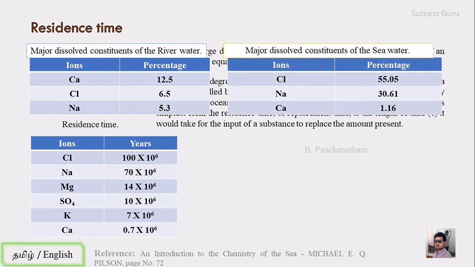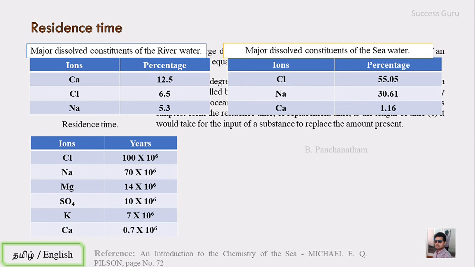But when you compare the same three in the oceanic water or seawater, you can see chlorine is in the highest concentration, where in the river it is 6.5, but in the ocean it is 55.05. In terms of sodium, in the river water it is just 5.3, but in oceanic water it is 30.61. But for calcium in the river water, it is 12.5, which is highest when compared to the other two, but it is the lowest in oceanic water, just 1.16 percent.